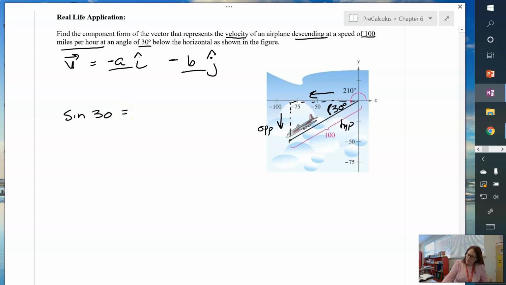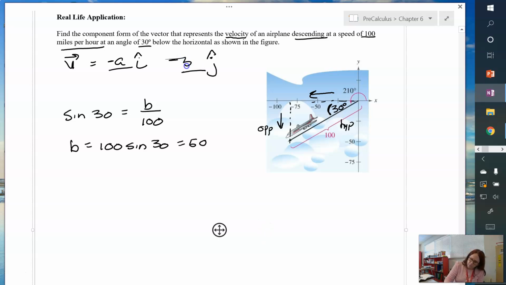I've got opposite over hypotenuse is going to be B over 100. So then all I got to do is take that 100, multiply it by the sine of 30. And I get 50. So I know that my plane's standard vector for going up and down is going to be a negative 50. So I have a negative 50j.